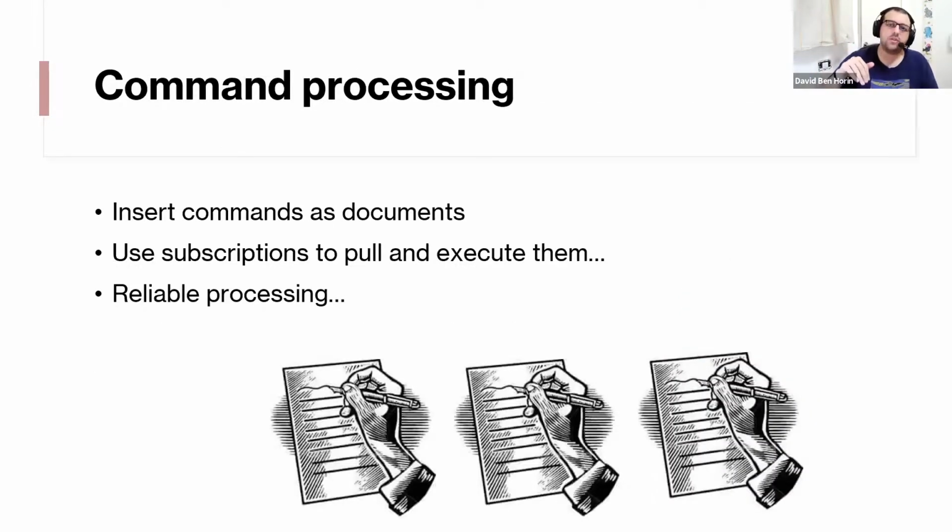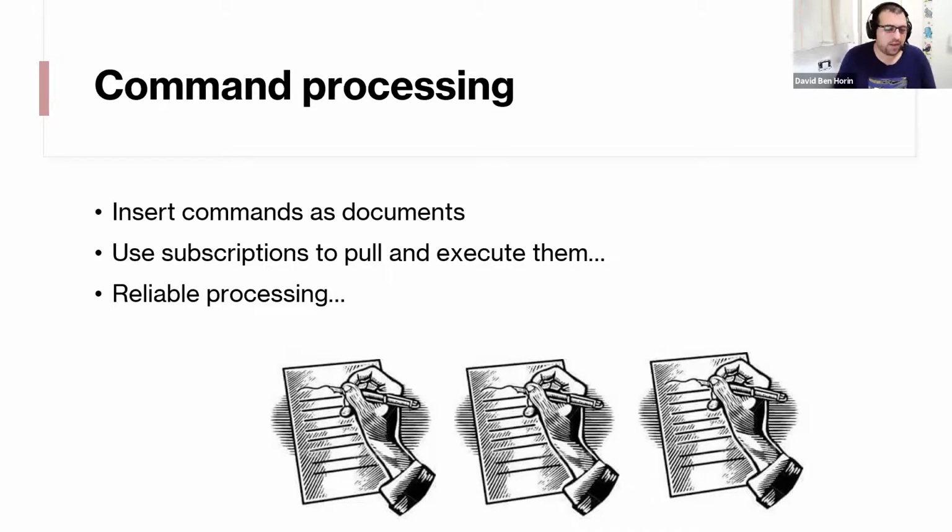I also like to talk about commands, and this ties a little bit to what I was talking about before. In some cases, you just have, okay, I'm saving an order document, and I know that it's in pending state, so I need to process that. So that's one way of doing that.